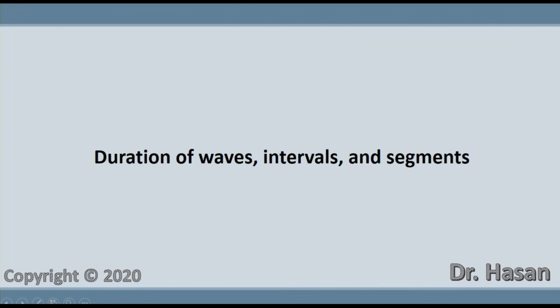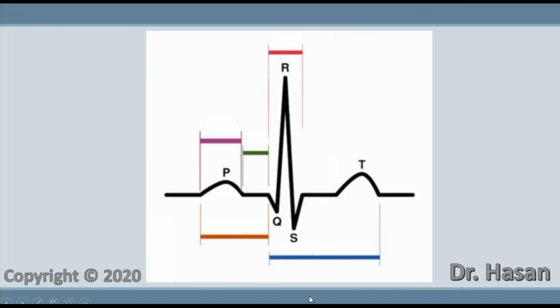Now let's talk about the duration of the waves, intervals, and segments. In the ECG, it is very important to be able to not only analyze the shape and characteristics of the waves, intervals, and segments, but also analyze their duration. This is very important because changes in them over time will often carry a definite diagnosis.